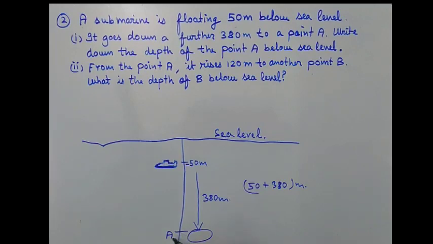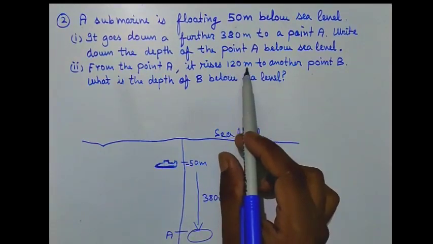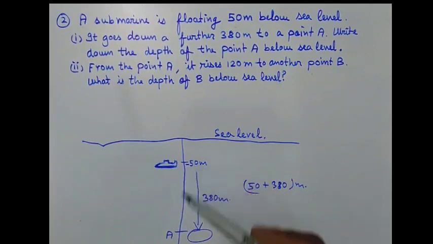And then it rises 120. Rises means it goes up. So by how much? By 120 meter. So what are we going to do? We're going to increase 120 meter. Means whatever the answer will be here, it will be negative. The length will be given as a negative number, right?